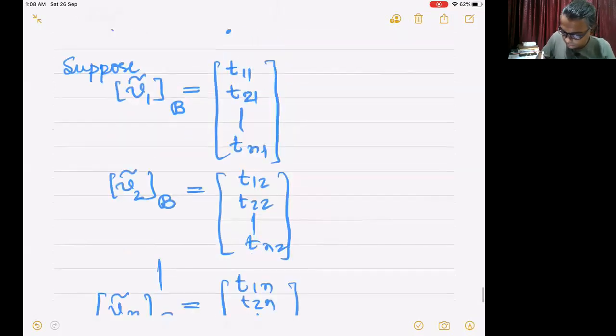This is equivalent to saying v1 tilde is the linear combination sum of Tj1 Vj, j going from 1 to n.